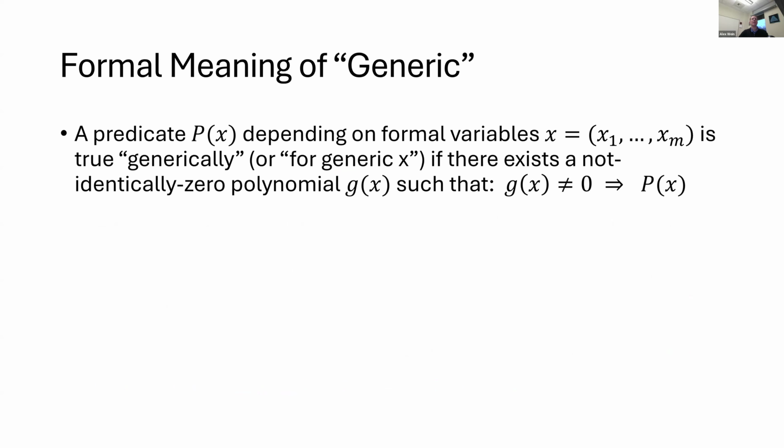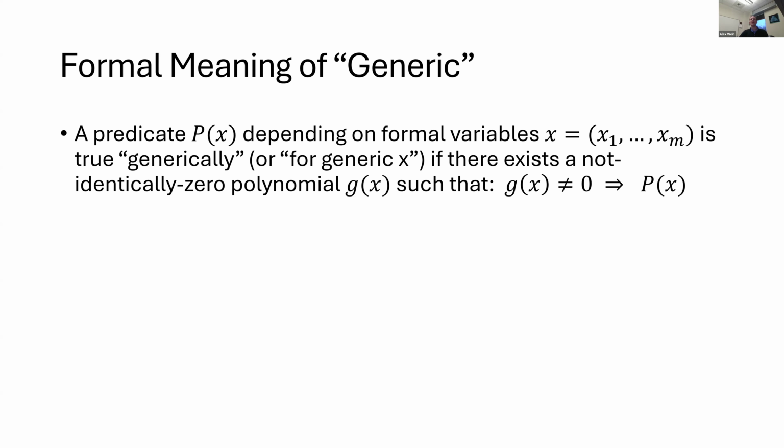Okay, so going back to this term generic that I used when specifying the type of assumptions I want on the input, we can define this in a formal way. A predicate, depending on some formal variables, is going to be true generically.